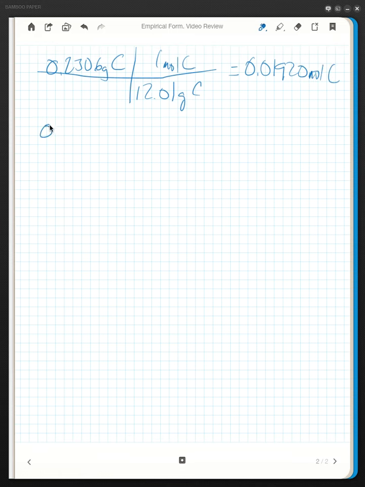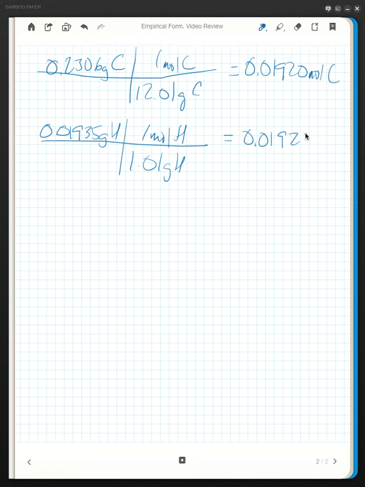And for water, 0.01935 grams of hydrogen divided by, and this is just hydrogen, so it's 1.01 grams of hydrogen in 1 mole of hydrogen, and we get something in the neighborhood of 0.01921 moles of hydrogen. So now this is interesting, right?